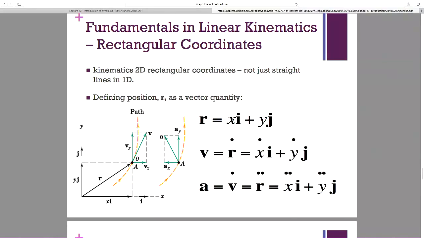So when you're calculating the velocity vector, which is basically the derivative of the position vector, you can then take the derivative of each of the components as long as they are described with respect to time. So x and y would be functions of time. They would have a time variable in them for you to differentiate them.